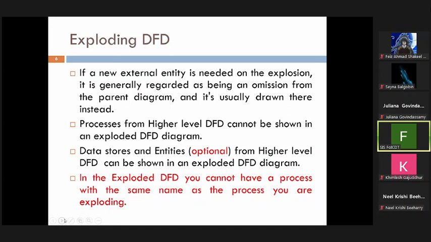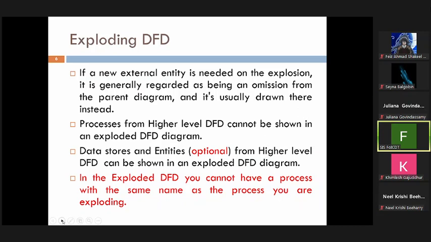There should not be any link between data store and entities, no link between external entities and data store. So the rules that we've done for DFD are still applied, with some additional rules that we've just come across.